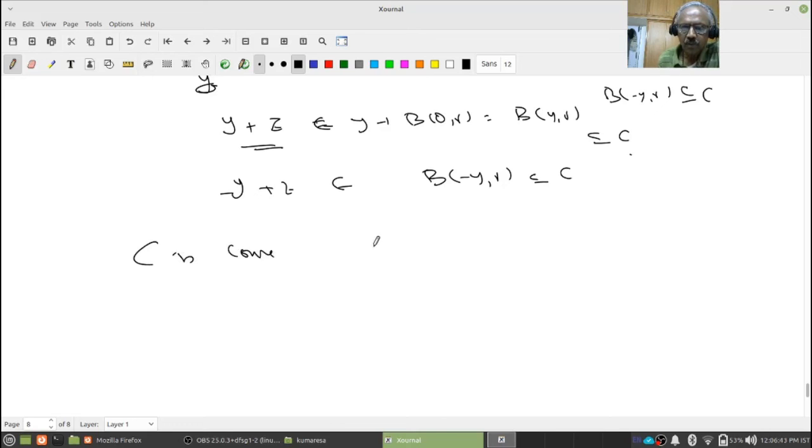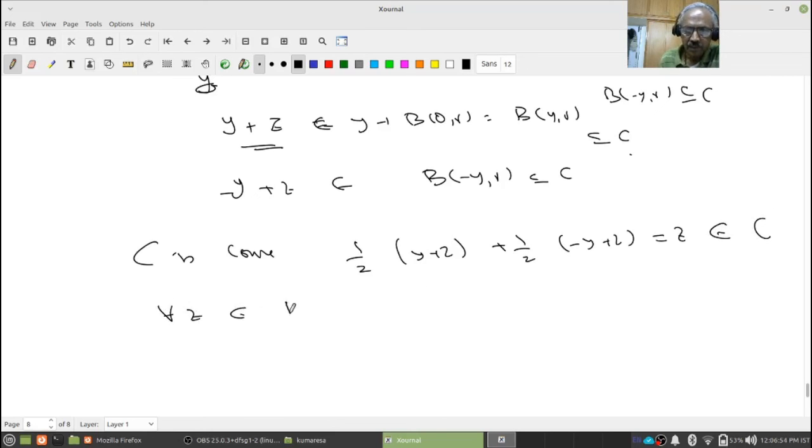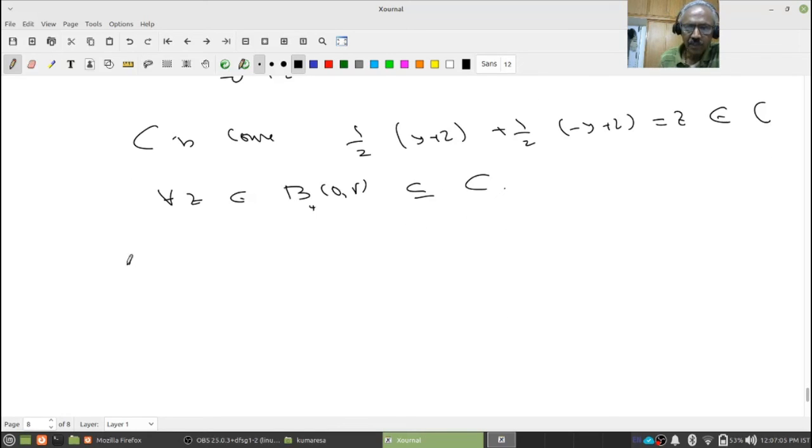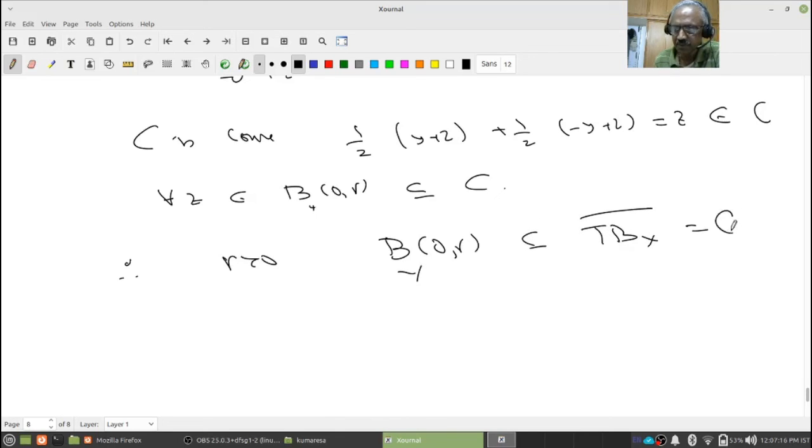Therefore if I take half of Y plus Z and half of minus Y plus Z, that is Z, it has to be in C. That means for every Z in B0R, this is contained in C. Therefore what I have shown is that there exists an R positive so that B0R is contained in T of Bx closure, that is C.